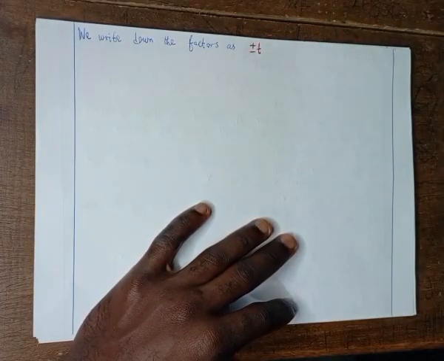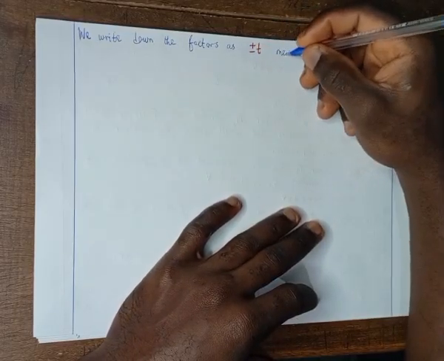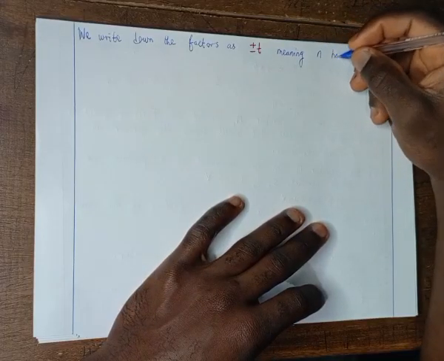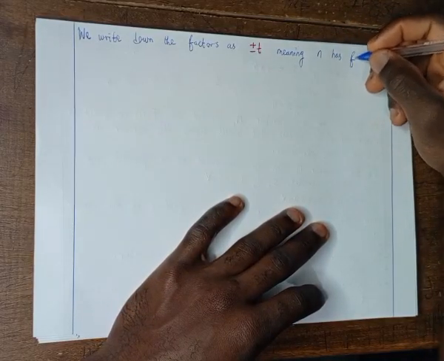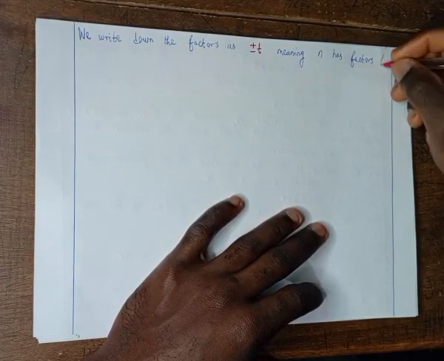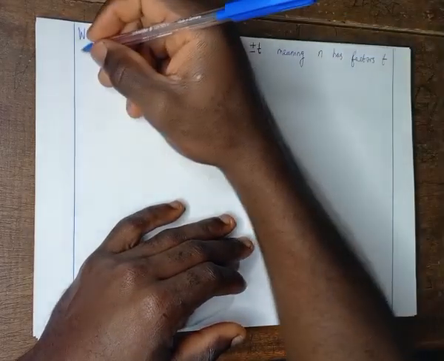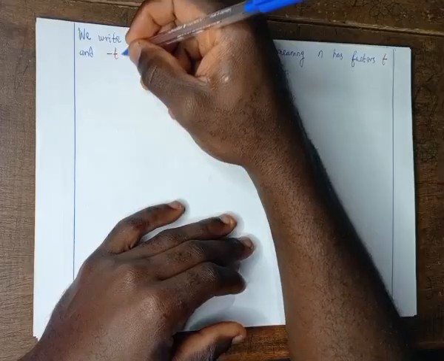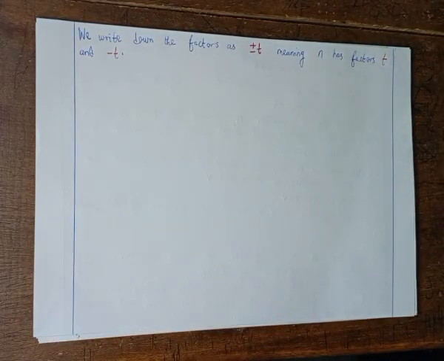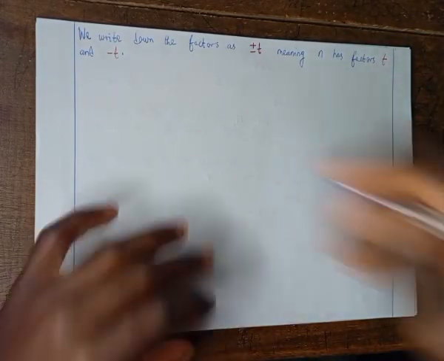It means positive t is a factor of n and negative t is a factor of n, meaning n has factors t and negative t. So you take note of this. It's very important. Most often, we always give only the positive factors and we tend to ignore the negative factors.